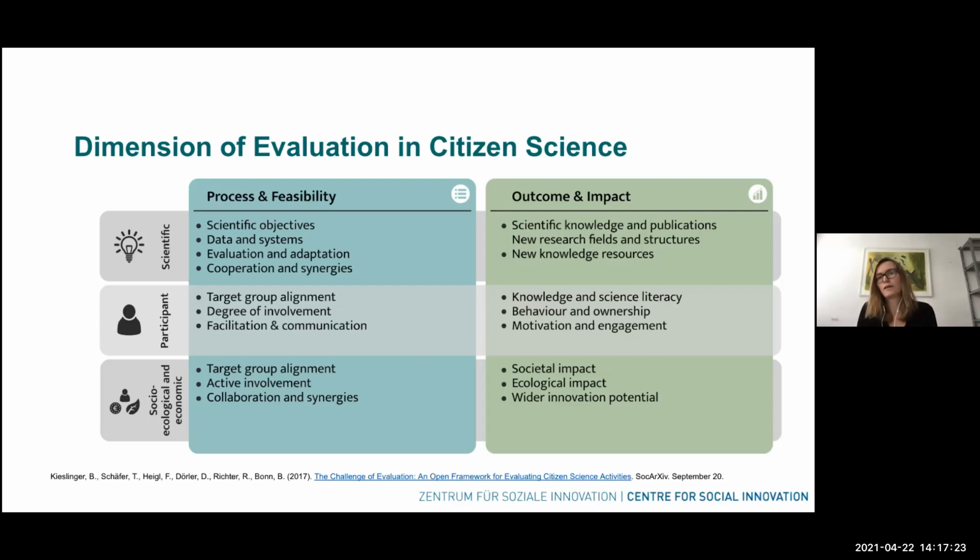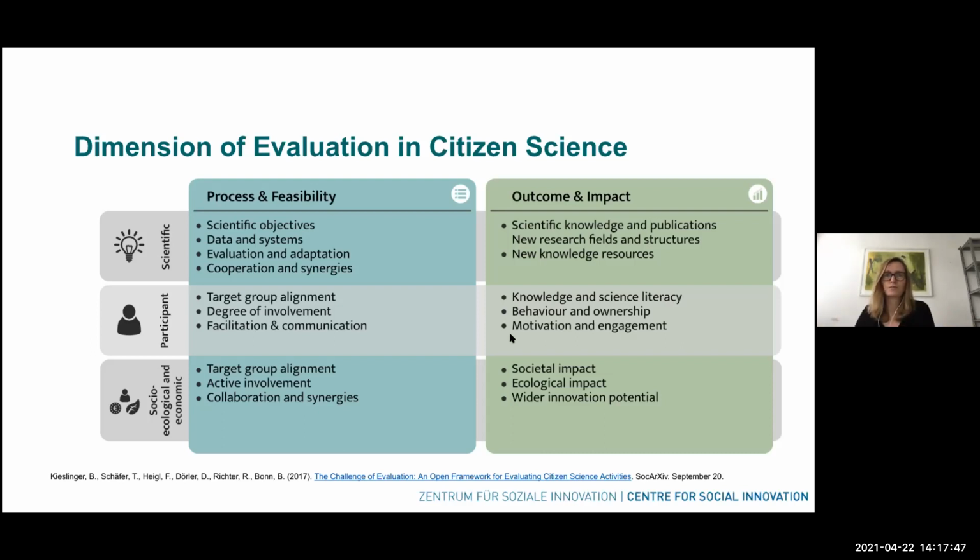And what is the impact of this? Is it affecting society at all? Is it affecting our natural environment, or other economic benefits? Some projects even have economic benefits. For all of these, we defined questions to ask, questions that would give you indications of whether this is the case or not.